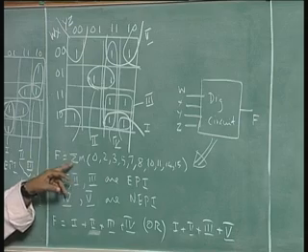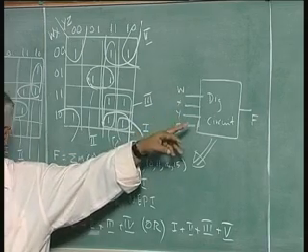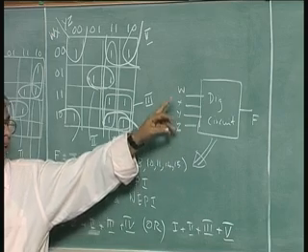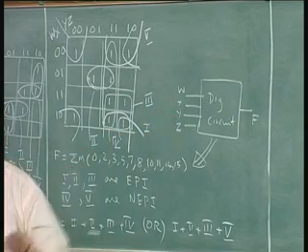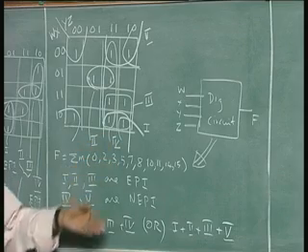This Boolean expression gives the relationship between F, the output on the one hand, and W, X, Y, Z as inputs on the other hand. What will it look like? We will see, because we have simplified this.